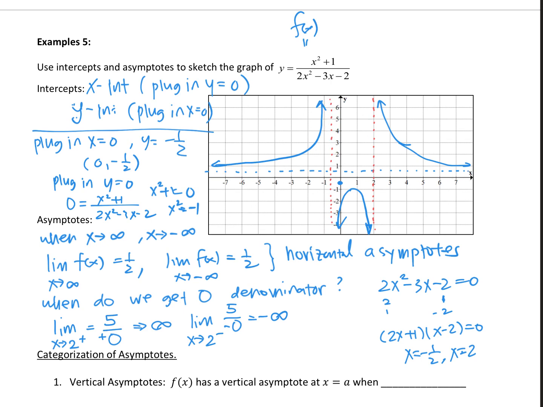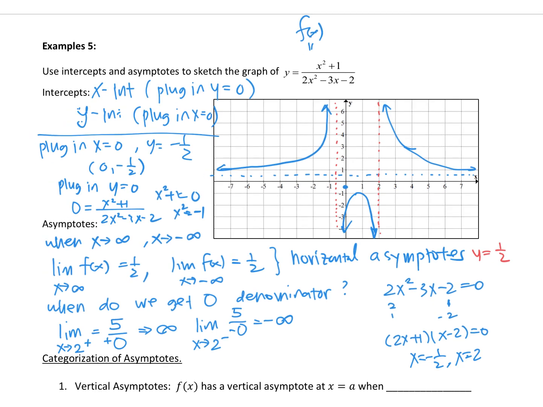So let me box this: horizontal asymptote at y equals 1/2. And then I need more space, so let me write it here: vertical asymptotes at x equals 2, and x equals negative 1/2.